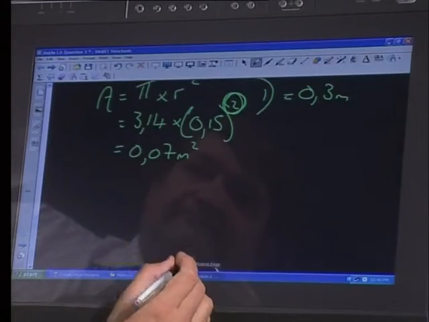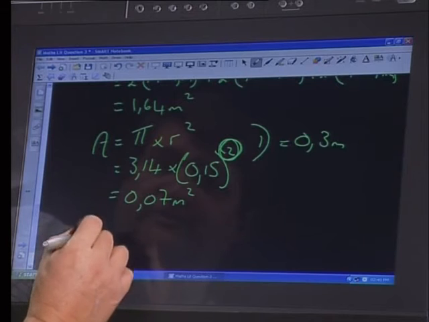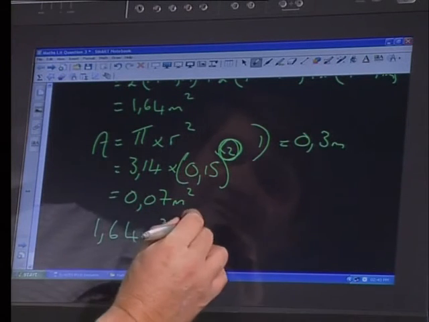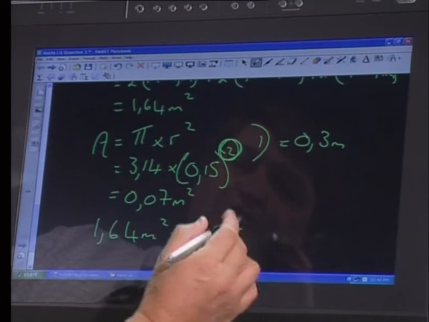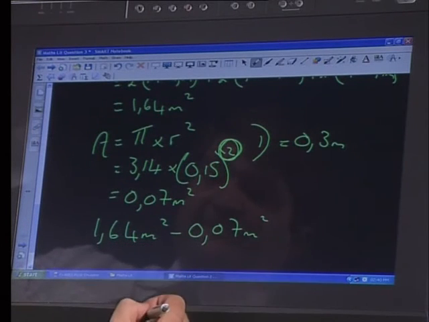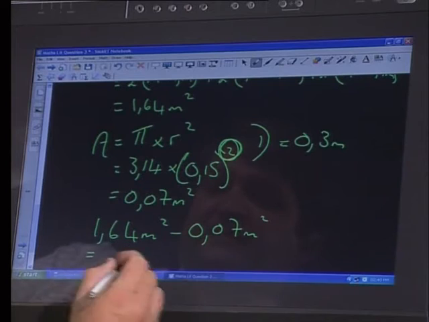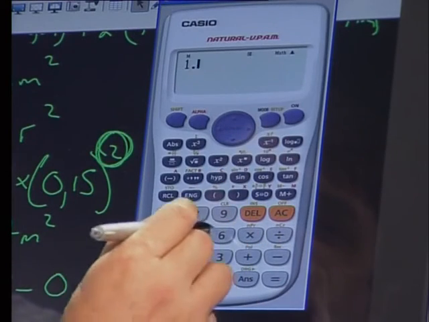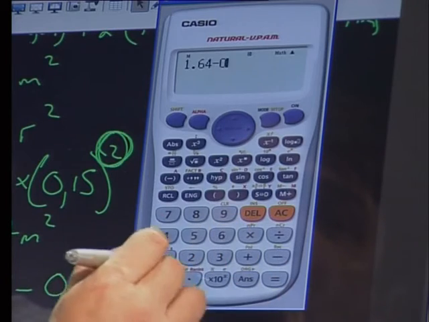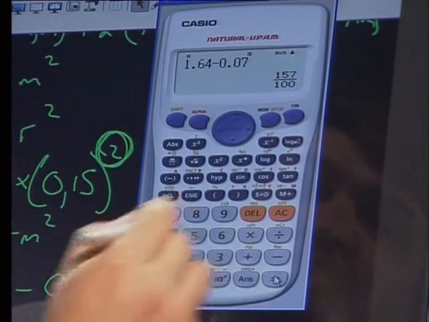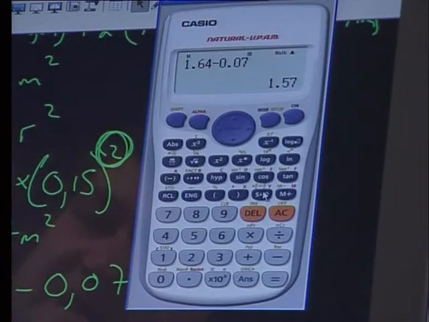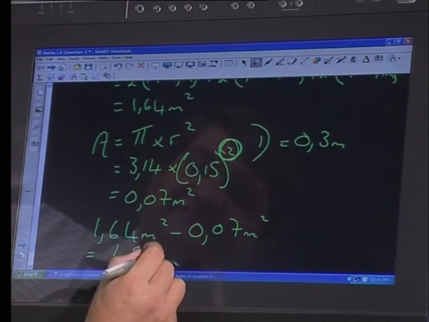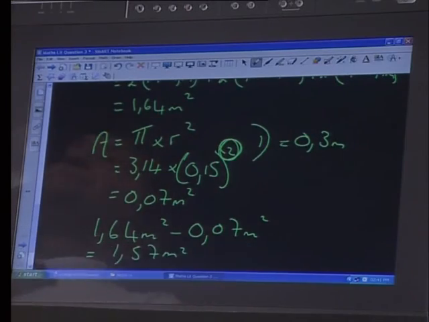So the whole area was 1,64 meters squared minus the little circular area of 0,07 meters squared, equals, and again, simply with our calculator: 1.64 minus 0.07 equals 1,57. So it's 1.57 meters squared.